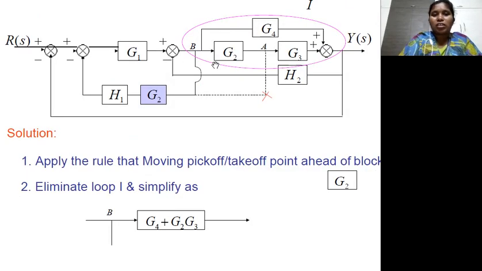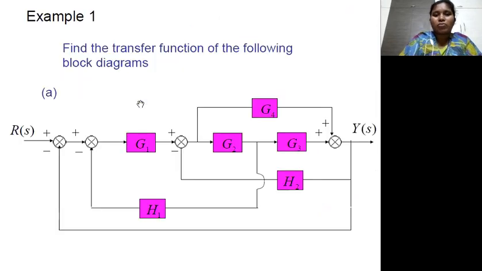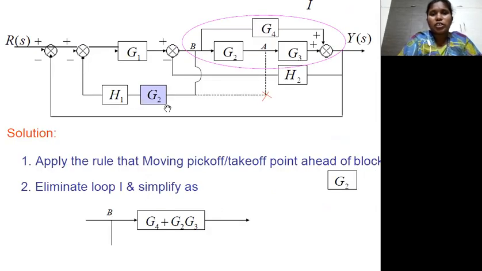Initially here H1 and G2 are also in series. Why? Because here I consider H1, here that is G2. Now I am moving this A point from here to here. For moving the A point, I have to connect an additional G2 here, so for that reason I connected G2 here.